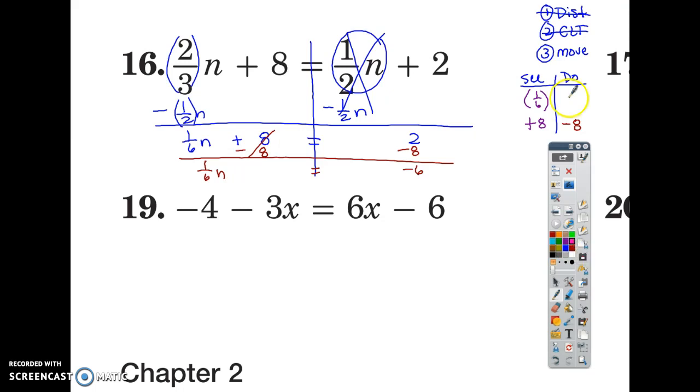The last step, divide by parentheses 1/6. So divide both sides by 1/6. Make sure that you put it in parentheses. Negative 6 divided by parentheses 1/6.